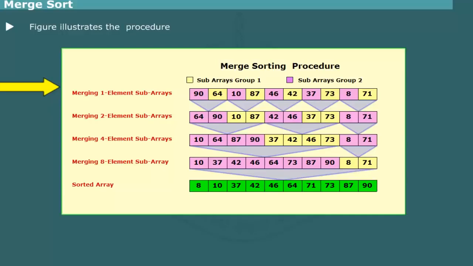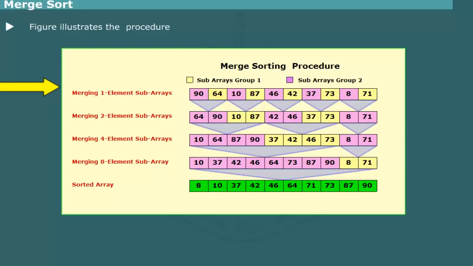Then, elements in the adjacent subarrays are compared. The first subarray contains 90, which is compared to 64 in the adjacent subarray. Since 64 is smaller, it is first copied to the auxiliary array and then element 90 is copied.